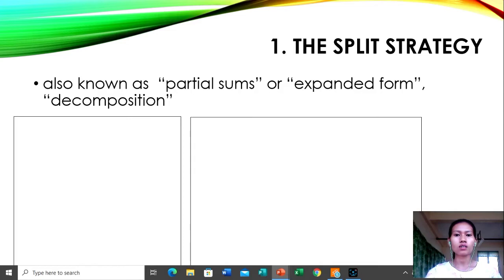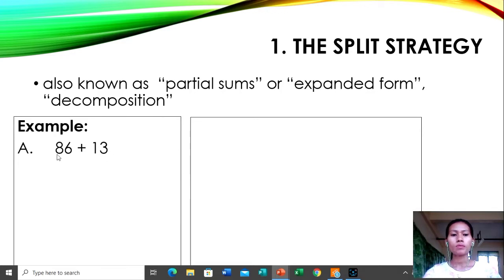So let us have the example. 86 plus 13. This number 86 and 13, kailangan po natin siyang i-break down or i-split down into its place value na tens and then ones place value. So kapag pinag-split down natin itong 86 and 13 into tens and ones place value, ito na po yun.